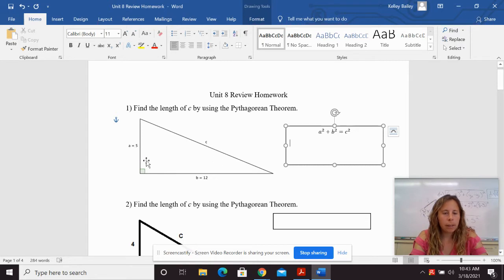This one they tell us a is 5, so that's 5 squared. I'm substituting 5 in for a, plus b squared. b is 12, so that's 12 squared. Whatever this is will be equal to c squared.